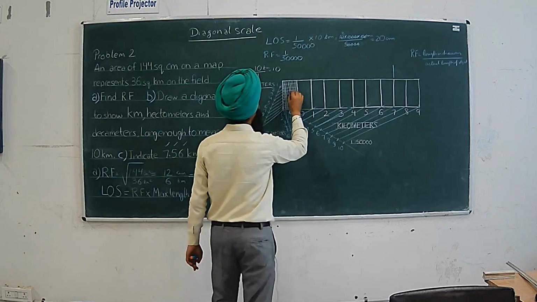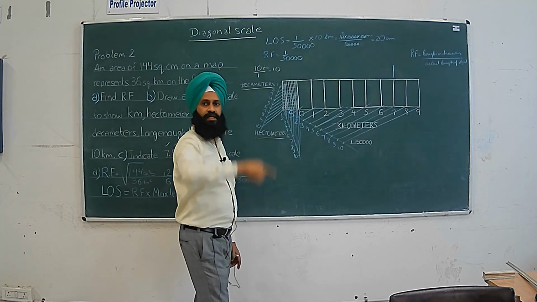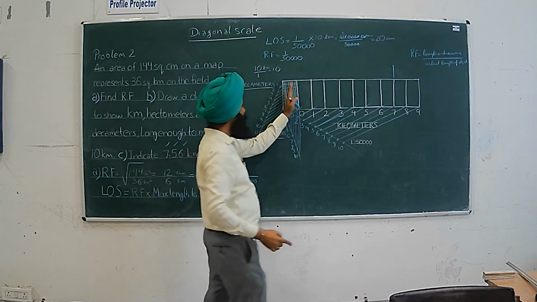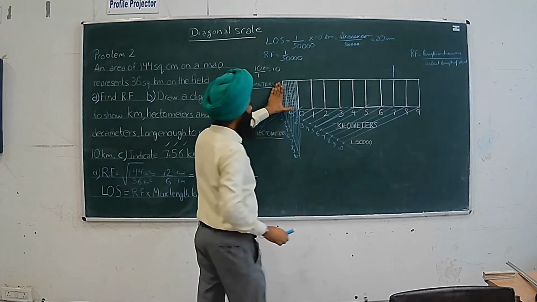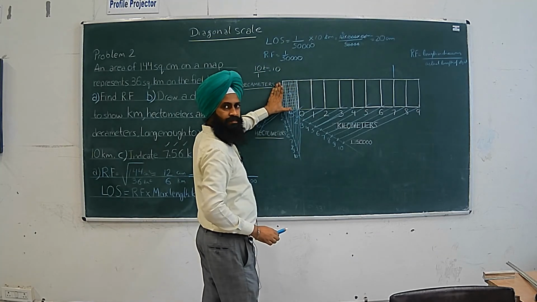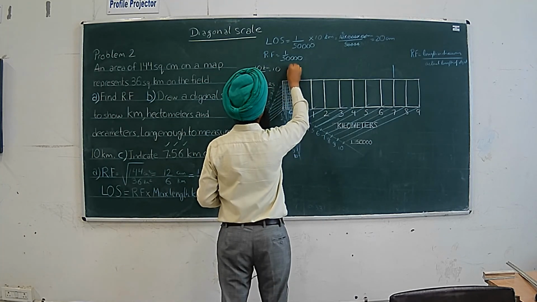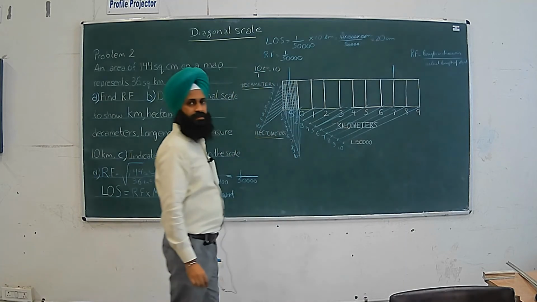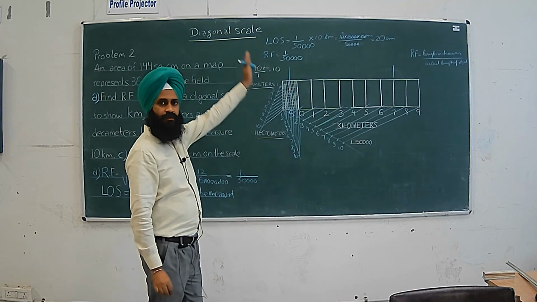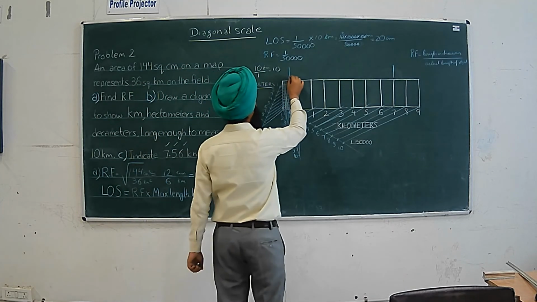Now from this point draw a vertical line perpendicular to the base with the help of drafter. Make drafter aligned with this scale. Okay. Now draw a line perpendicular to the base like this. So this is perpendicular to the base or perpendicular to this line.